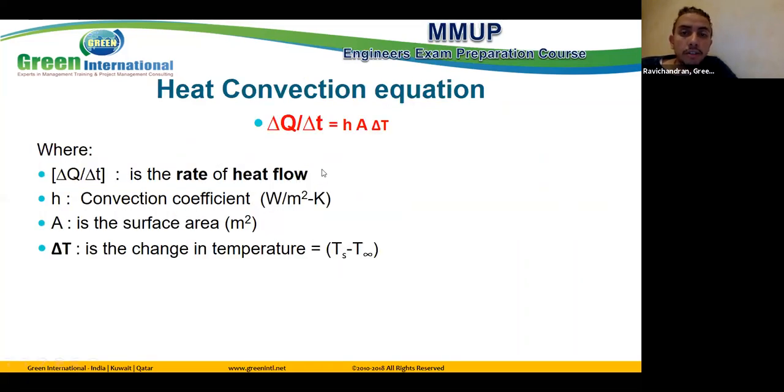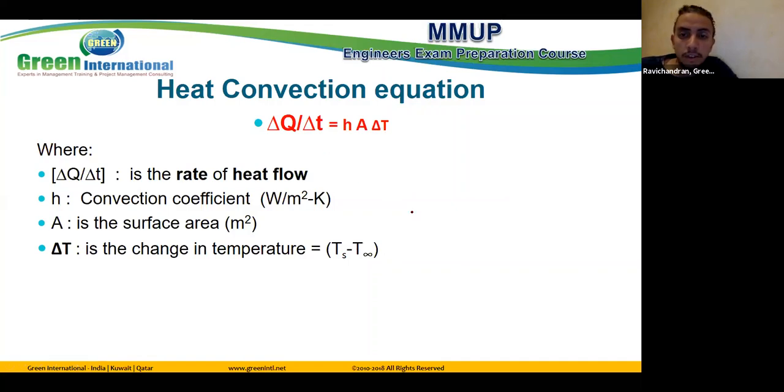The convection equation is Q dot equals H, the convection coefficient, times A, area, times delta T. Delta T is the change of temperature between the surface of one body and the other body, for example Ts minus T infinity, the surface of the liquid, for example, and T infinity for the gas above.